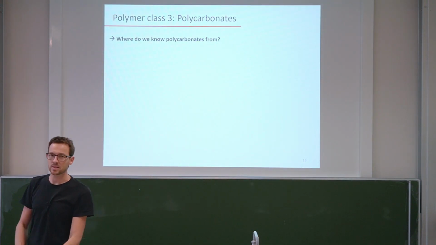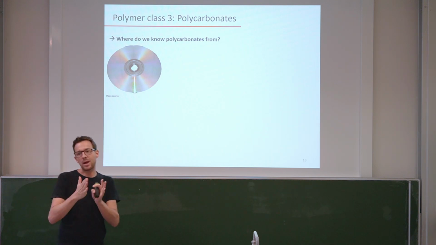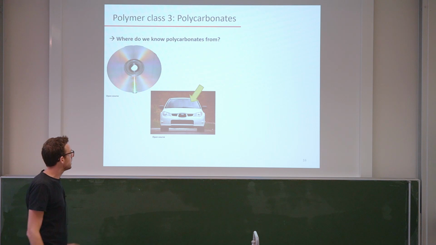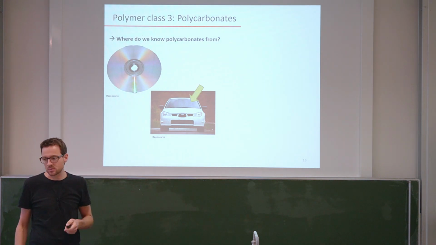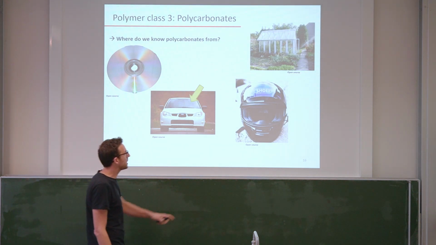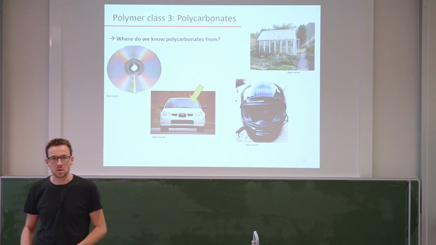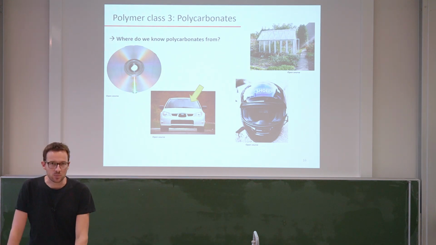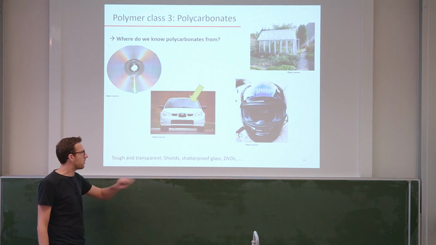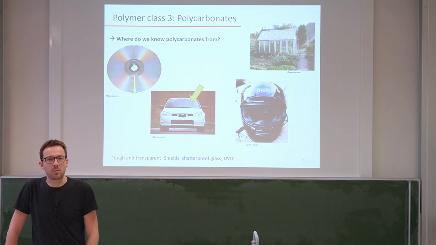So polycarbonates, what do we use them for? You find them, for example, as the back cover of DVDs or CDs. You find them on the windshield of cars, or in some more expensive cars as the shield of motorcycle helmets, or in greenhouses and so on. So it's a very transparent material that still is fairly strong. So shatterproof glass, DVDs, and so on are made from polycarbonates.